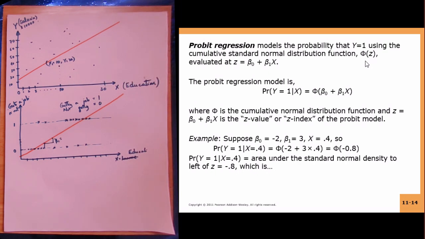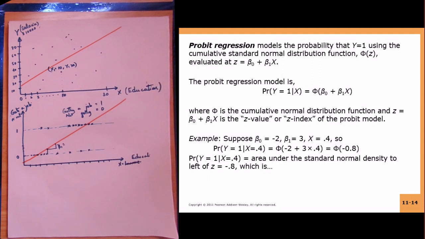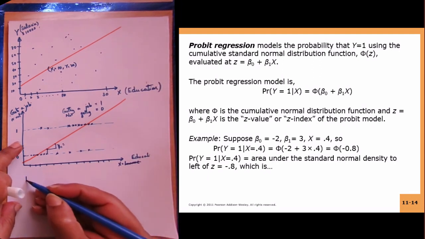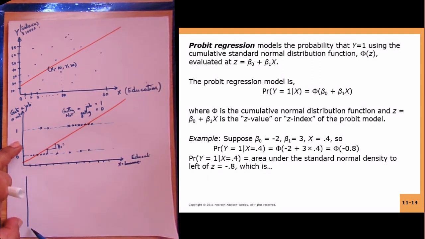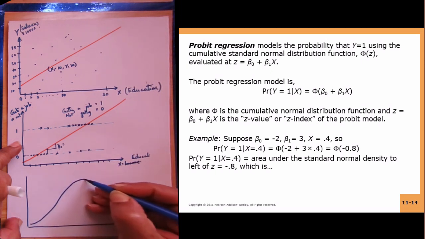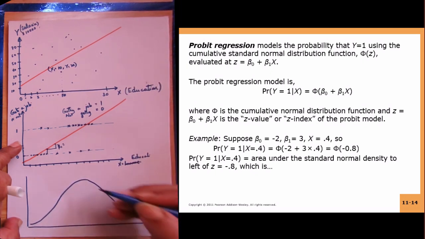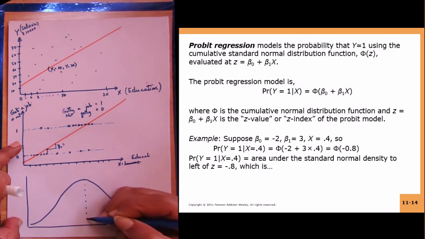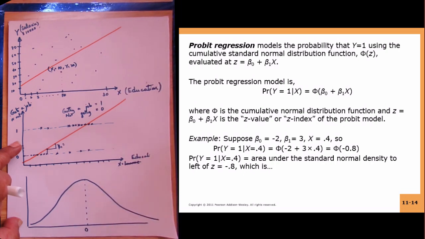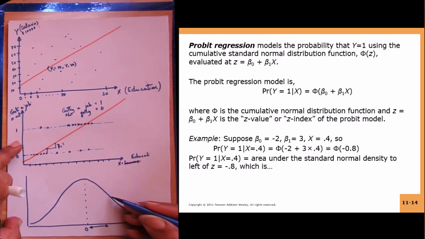Okay, if you remember the normal distribution function, or the standard normal distribution function, it looked something like this, right? It was centered at 0, the mean was 0, and the standard deviation was 1.